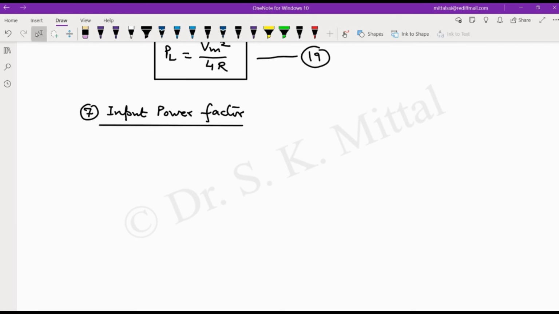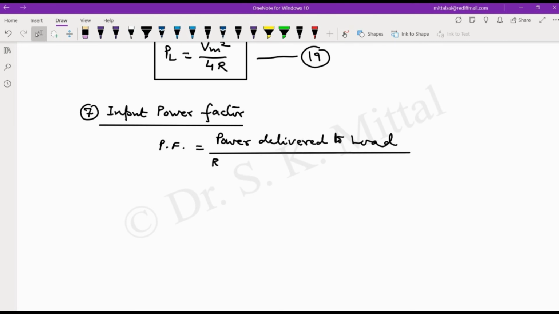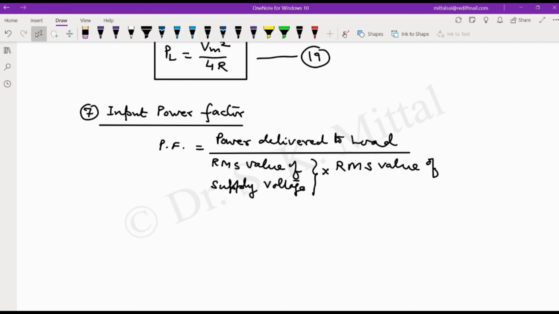The formula for input power factor is given by power delivered to load divided by the RMS value of supply voltage multiplied by the RMS value of load current.